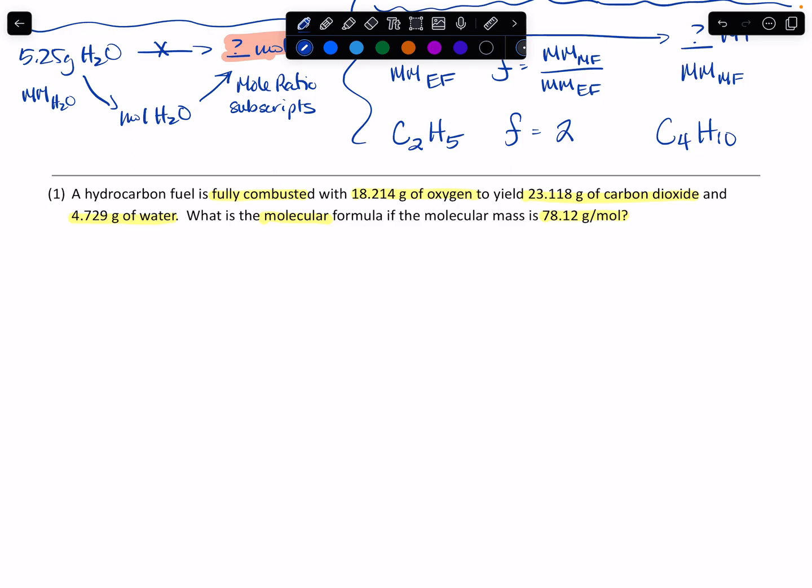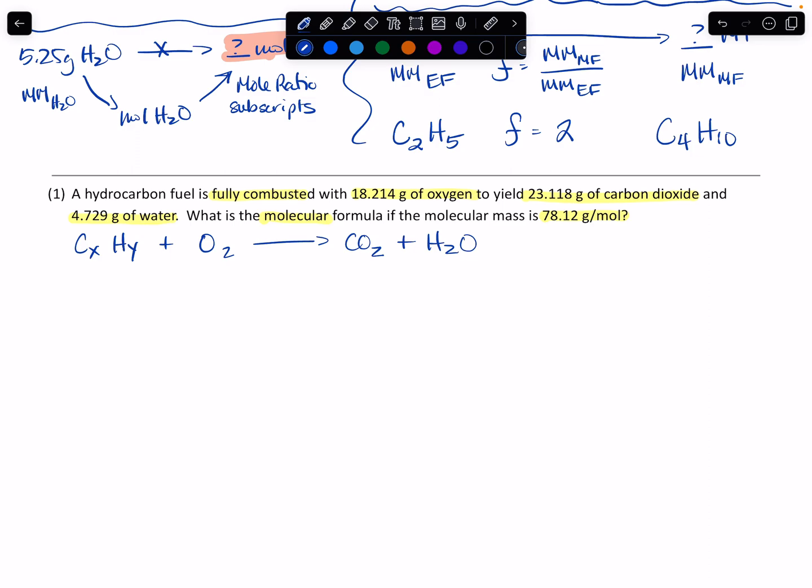So we've got some hydrocarbon in the presence of oxygen gas giving us CO2 and H2O. Now the amount of oxygen is irrelevant because it's not in our original hydrocarbon, so we don't really care. We just know that we have enough of it to fully combust that CH compound. So we don't have any excess CH compound.